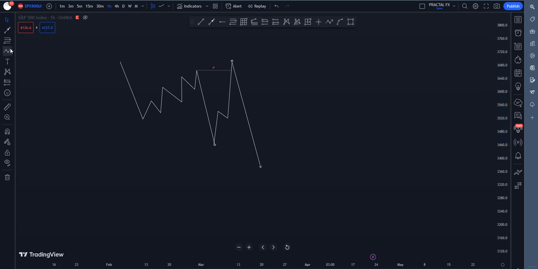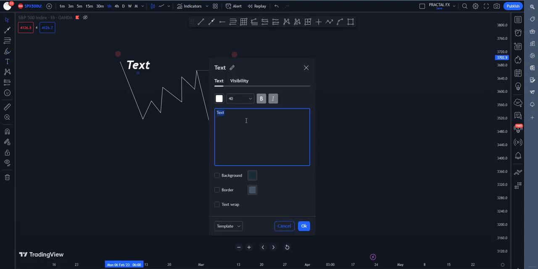Then you can say, okay, now we had our high, we had our low, and then we had our higher low. So you can see, guys, this is how to properly mark the structure. This is how to mark the structure. So as you can see, okay, let me do it.